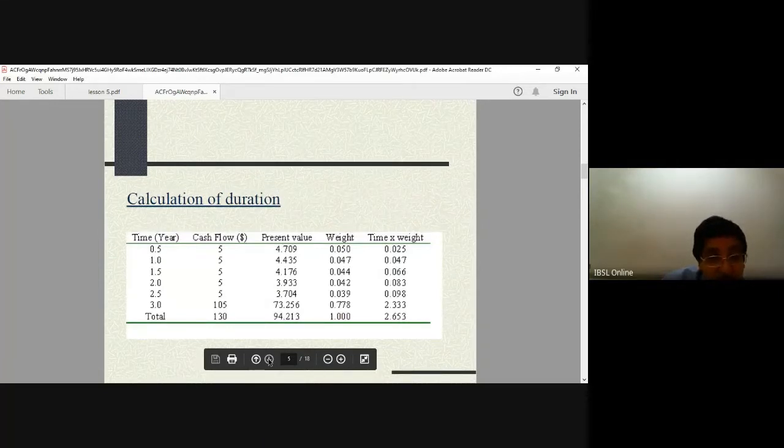In order to calculate the convexity of the same bond, what we need to do is square the time column. You need to square the time column. We call it the time squared column.